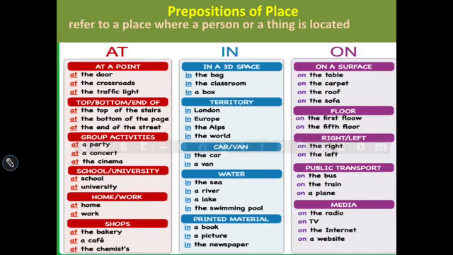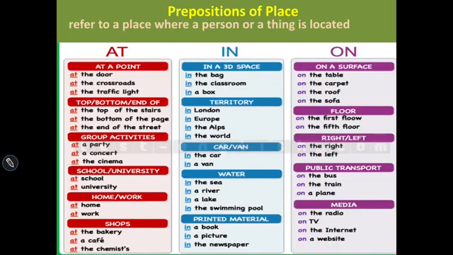It also refers to group activities, as in at a party, at a concert, at the cinema. It refers to school and university: at school, at university. It also tells us about a particular action that took place at home, at work, or at shops, as in at the bakery, at a cafe, or at the cinema.